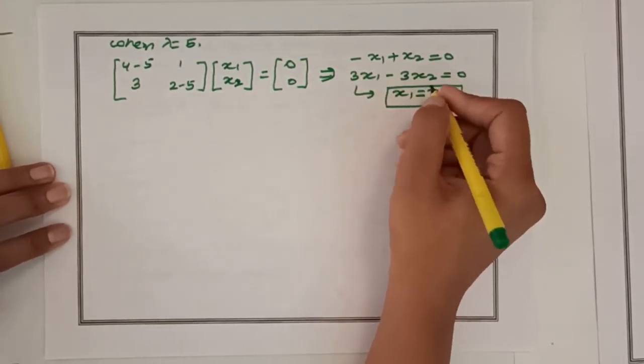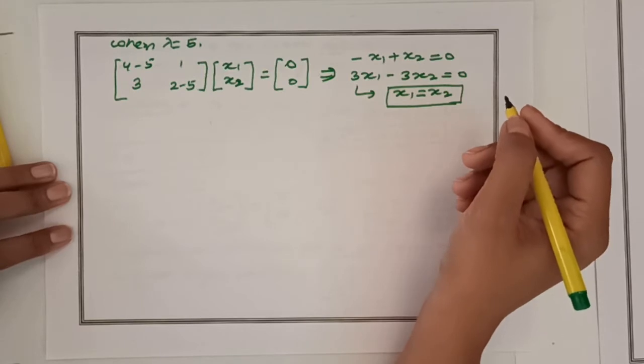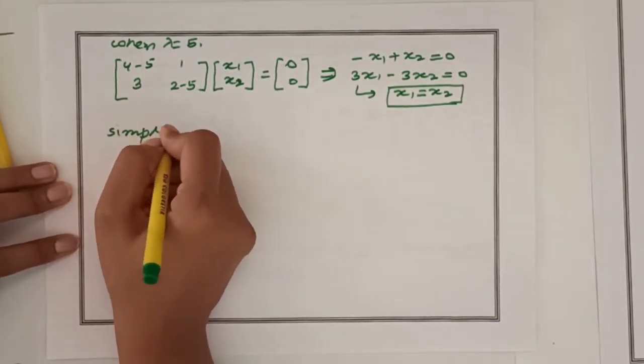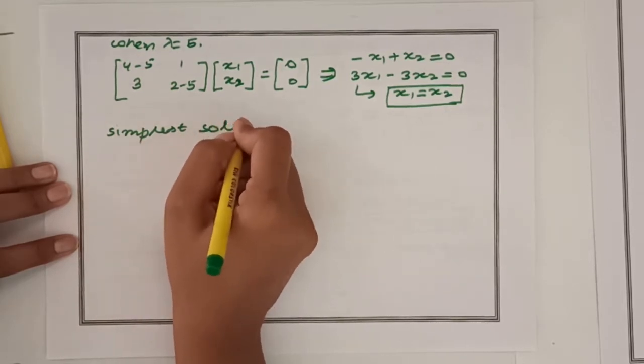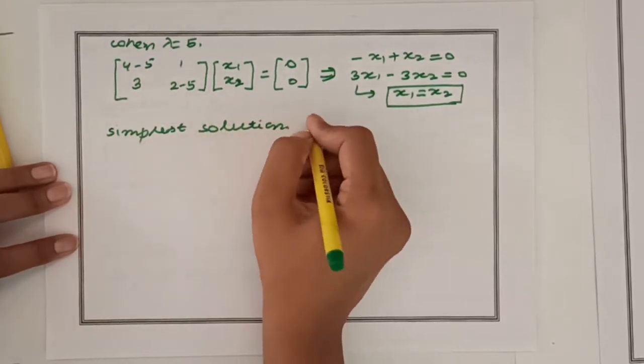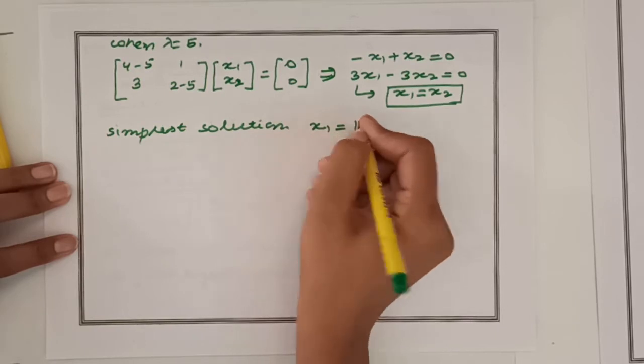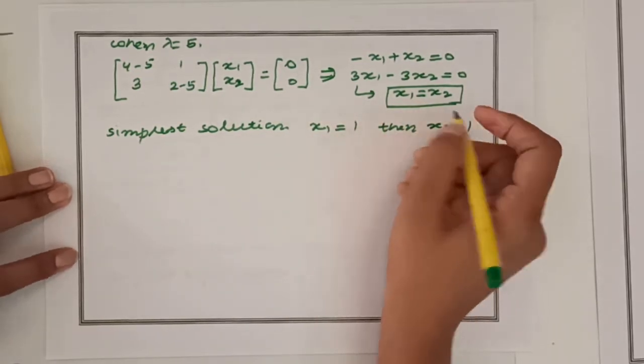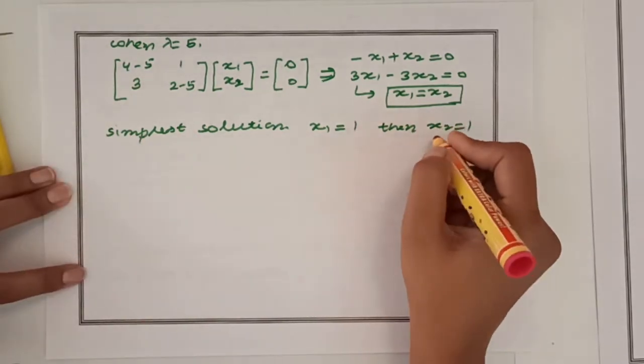So when x1 is equal to x2, again many possible solutions are there, but for the simplest solution, let us take x1 is equal to 1, then you will get x2 is equal to 1.